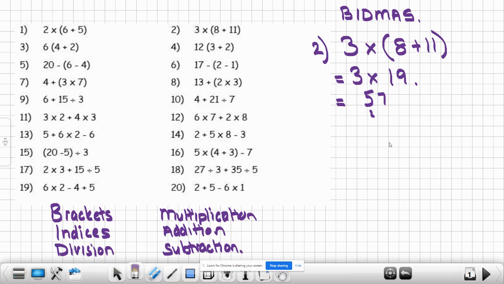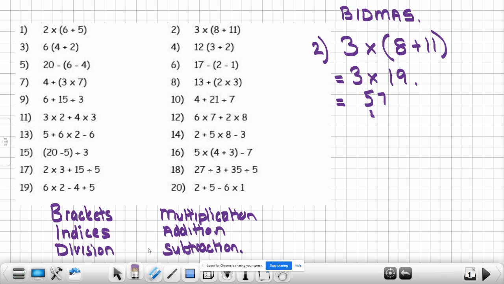So if you thought of it as 3 times 20 is 60, but each one of those 20s is going to have 1 deducted from it because it's only 19. So you could think of it as 60 minus 3, which is 57. Please don't worry if that doesn't make complete sense to you. I'm just giving you little tips along the way.